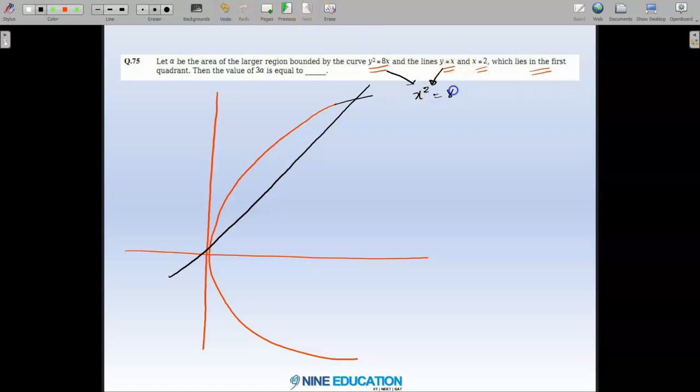So we'll be getting either 0 or 8. They are already intersecting at the origin, which is (0, 0), and the other value we have got is 8. So this is basically (8, 8), and x equal to 2 will be much before here, in the beginning.